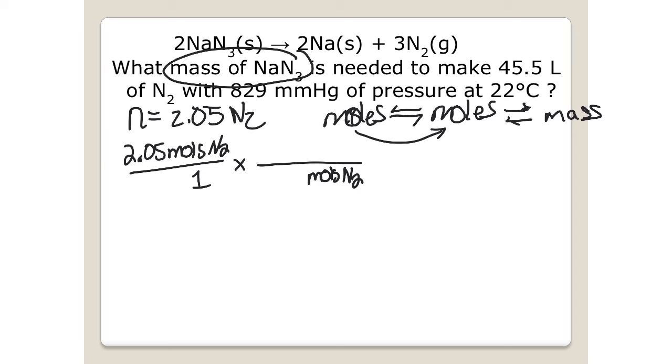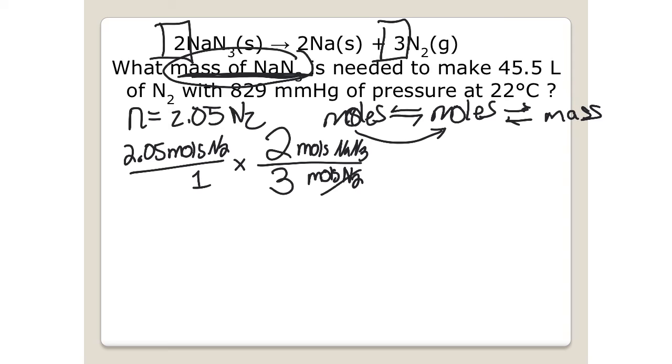We're trying to get to mass of Na2N3. So the moles that we're trying to get to are Na2N3, and then our numbers come from our coefficients because this is our mole ratio. So there is a 3 in front of the N2, and there is a 2 in front of the Na2N3. So that gives us that part.